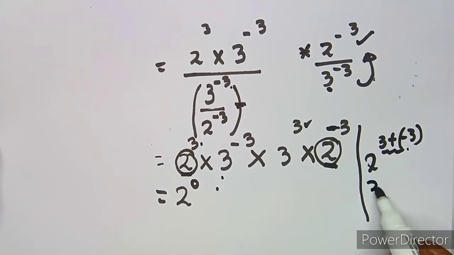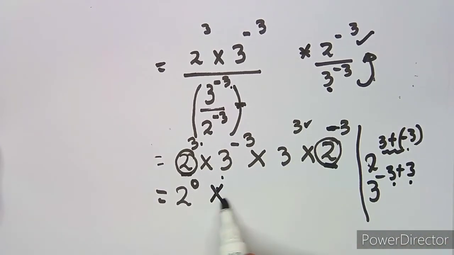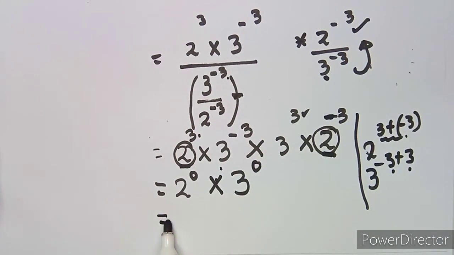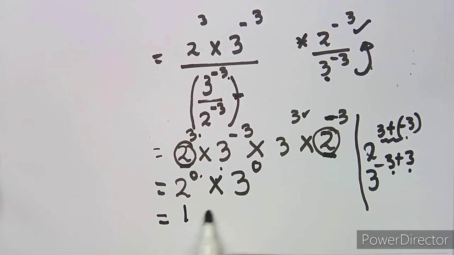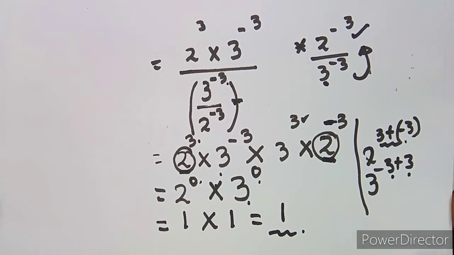It's the same thing with 3 to the exponent of minus 3 plus 3, that's a 0. So you're going to multiply by 3 to the exponent of 0. All right, 2 to the exponent of 0 is 1, times 3 to the exponent of 0, that's 1. So if you multiply, you are going to obtain a 1 in this case.